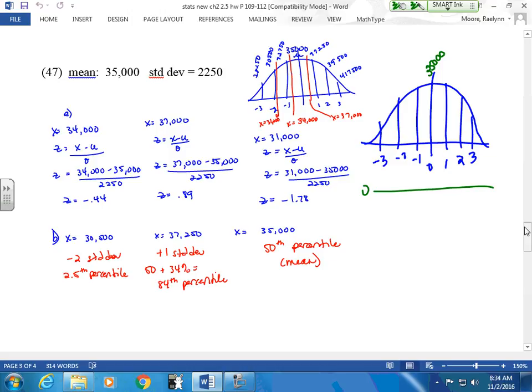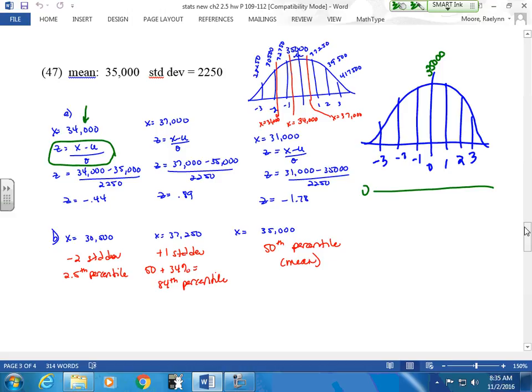So the first score they're looking at is 34,000. 34,000, get a feel for this, is to the left of your mean. So is your z-score going to be positive or negative? Negative. So when I use my z-score formula, I notice my x value, when I subtract my mean, has to give me a negative number.